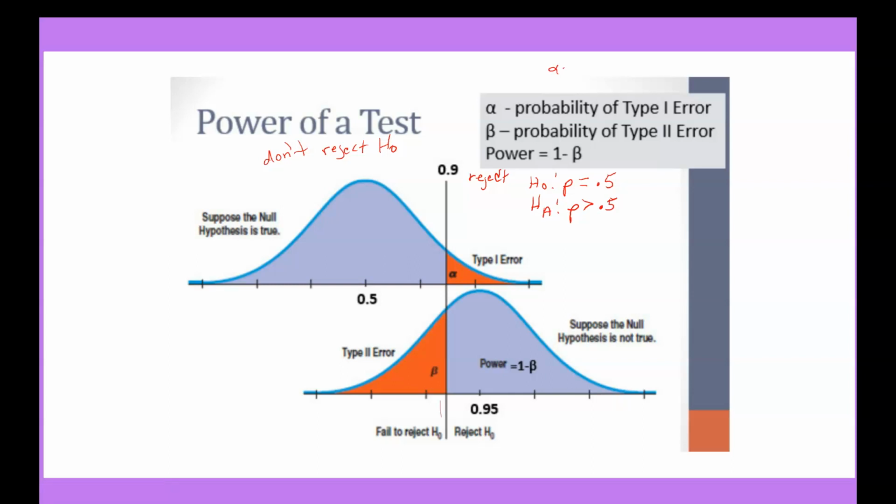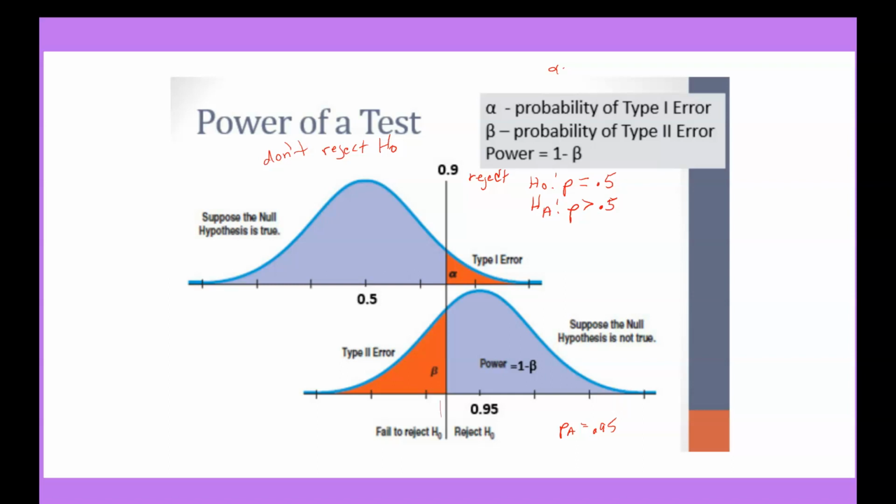The bottom normal curve is based on the alternative, and you actually have to choose a specific alternative to create this diagram. So in this case, they said the true alternative, we'll call that pa, is 0.95. Remember, to the right of this vertical line is our rejection region.